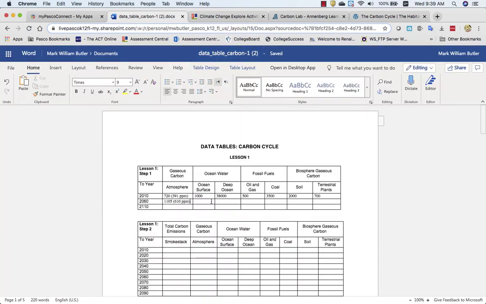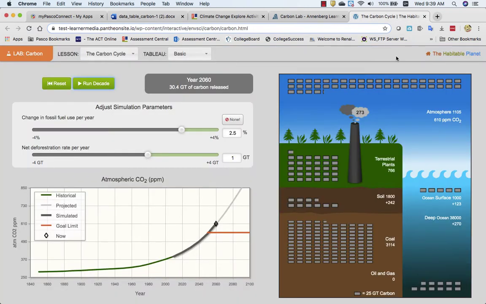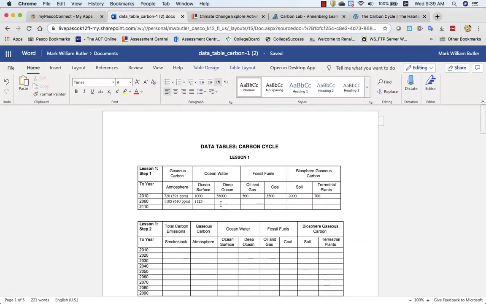We'll put that into our table. We just keep filling in the data points. We have 38,000 plus 270, which gives us 38,270. We just add those numbers together. 38,270.